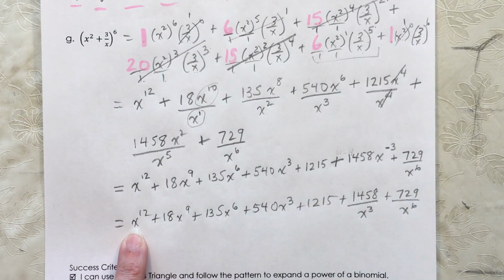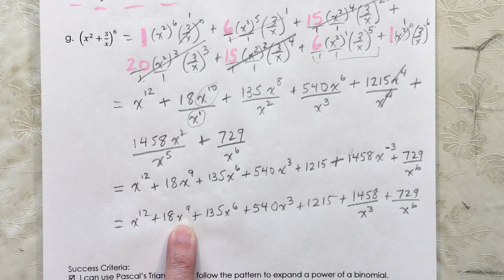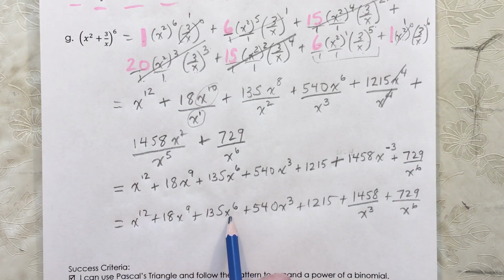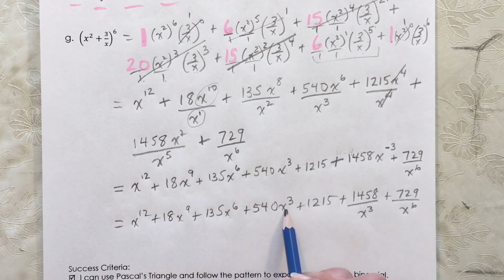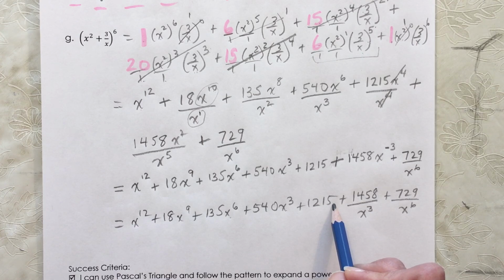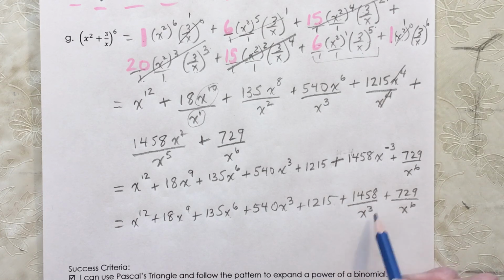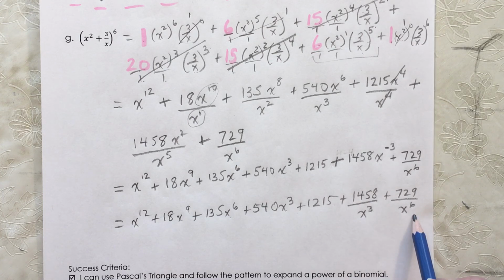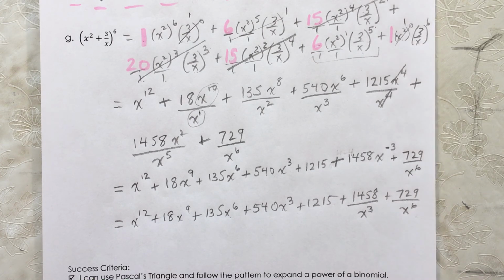We start with an x to the 12th, then an x to the 9, so the exponent on the x goes down by 3. Goes down by 3 again to x to the 6, goes down by 3 again to x to the 3, goes down by 3 again to x to the 0, and then x to the 3 in the denominator is really x to the negative 3, and x to the 6 in the denominator is really x to the negative 6. And that would be like the hardest expanding binomial Pascal's triangle question that you could get.